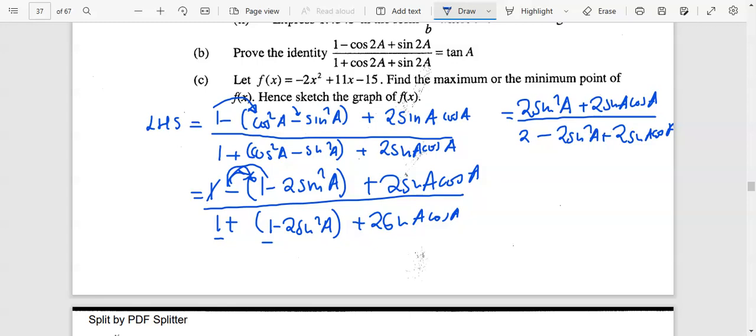So instead of me expressing the denominator in the form 1 minus 2 sin squared, I'm going to express it into 2 cos squared minus 1.